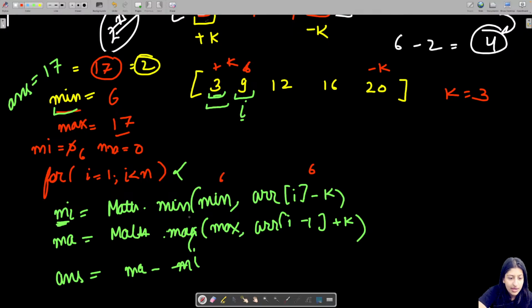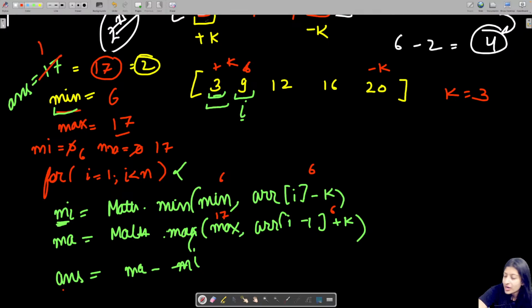Now checking for ma, the max of your 17 as the max value and ARR of i minus 1, and we are adding 3 to it, so this value becomes 6 and this is 17. So ma is going to be 17 in this case. Now the difference between max and min is 17 minus 6, so 11 is going to be your answer as of now.